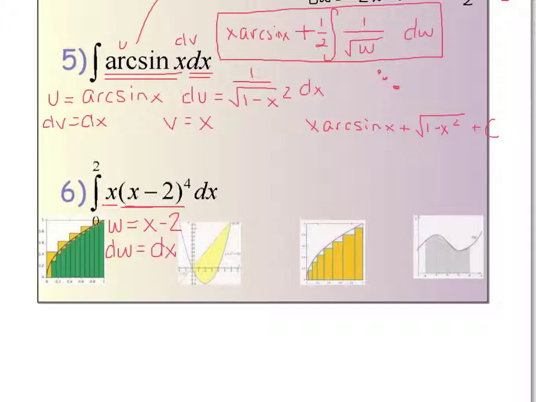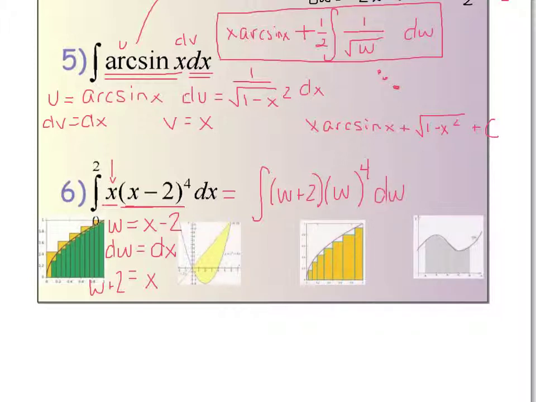But we still have an x here, so if w equals x minus 2, x would clearly be w plus 2. So this integral becomes the integral of, the x is w plus 2, and then the x minus 2 is simply w, and we have that to the 4th dw.